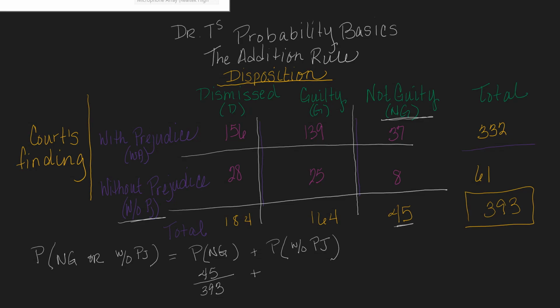All of the cases where the finding was without prejudice. That's 61. Again, out of all of the cases we reviewed. But we're really only interested in the not guilty or without prejudice.